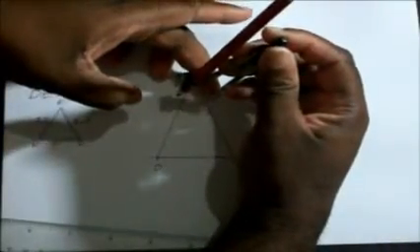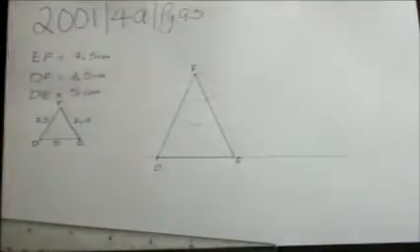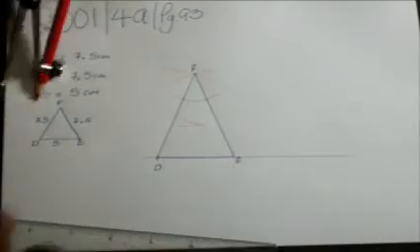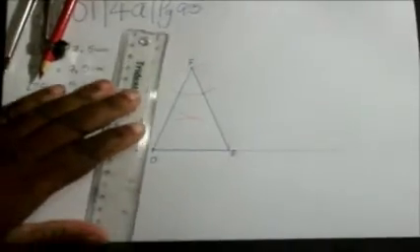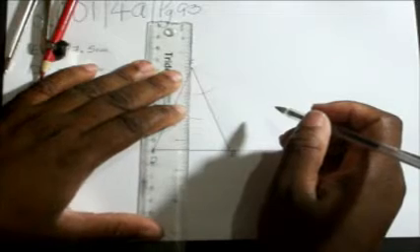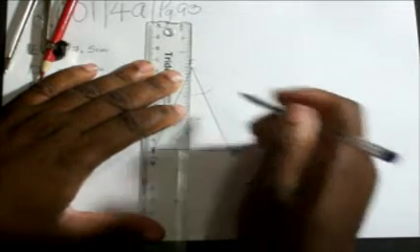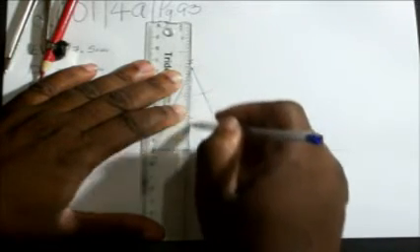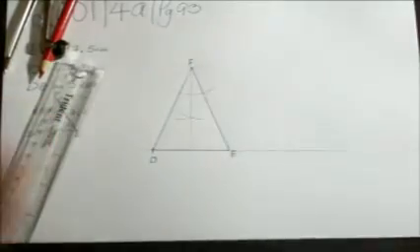And without shifting the compass, I'm going to come to the other side and scribe another arc. Next I'm going to draw a line from the vertex F, passing through where those two arcs intersect. This line is a bisector. What I just did is bisect angle F.